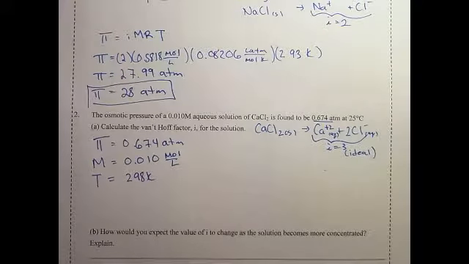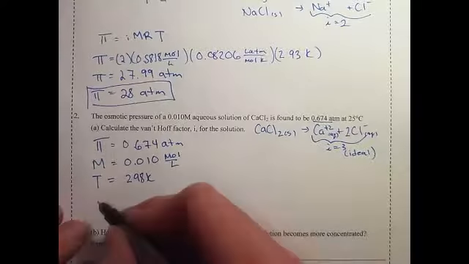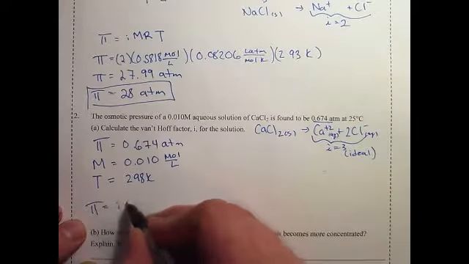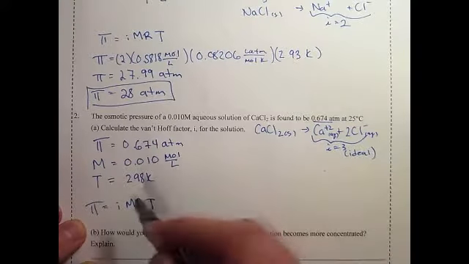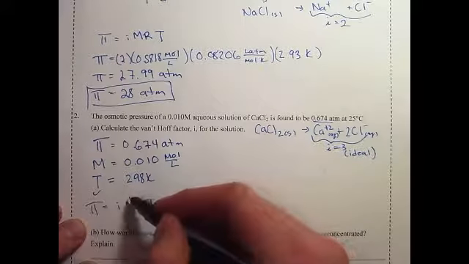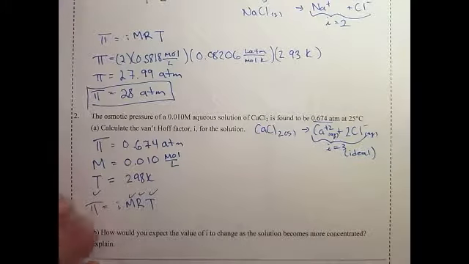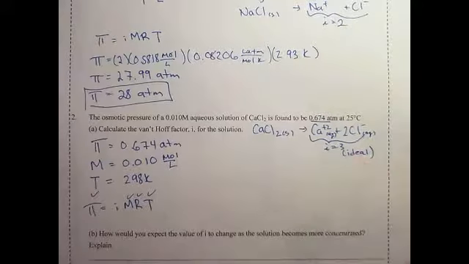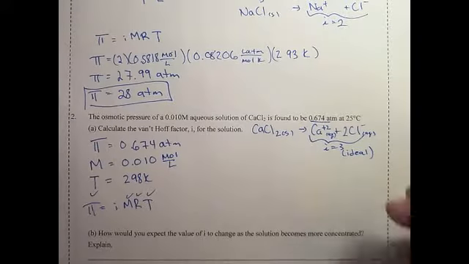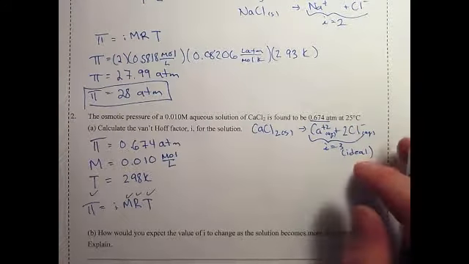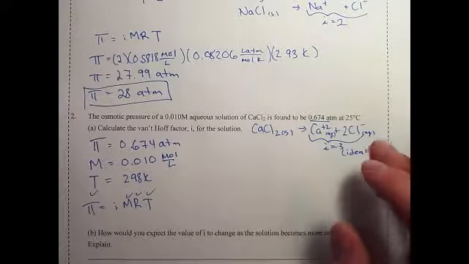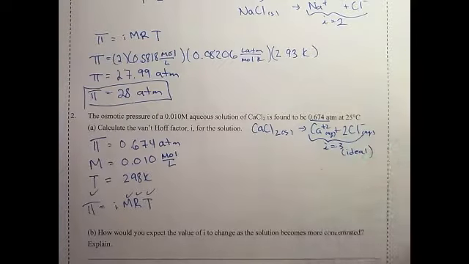So I know that I can go through and check it. Pi equals i mRT. I can check to make sure that i is equal to 3, if that is the easy way that we're going to do it. Now, the one thing I know by writing out that equation is that i cannot exceed 3. If I get an i over 3, I've done something wrong, or there's a significant problem with the question.